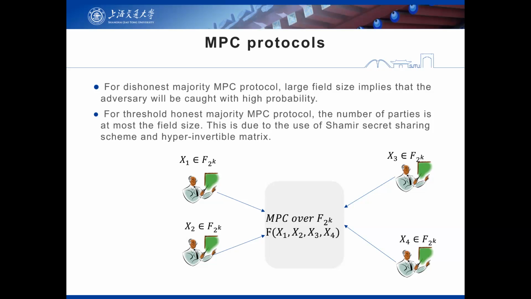So if we have n parties, the field size should be at least n. Also, if the message itself is over a small field, you need to embed it into a field extension of this field so that the whole protocol works. So the question is, can we achieve the same performance for any field?